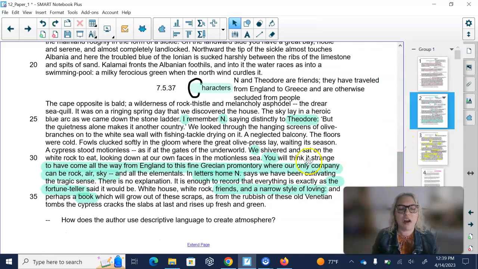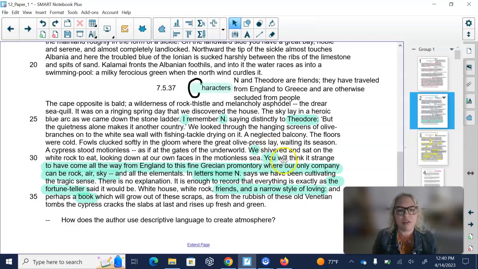Finally, in the last paragraph, we have a couple of names, the initial N standing for a name beginning with N, and Theodore, and then the we pronoun again. So we know that Durrell is with N and Theodore in Greece, and that's the we he's been talking about. Now, maybe there are additional people we don't know, but there are at least those three.